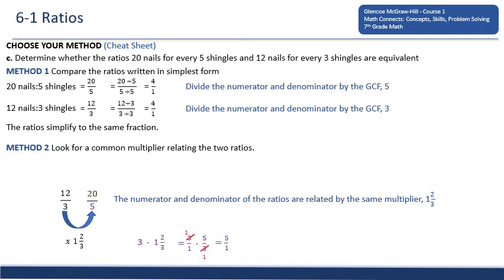Simplify and then multiply, so we get 5/1, which is 5. And then if we do the same with the numerator, 12 times 1 2/3, we have to actually multiply 12 over 1 times 5/3. And if we simplify, we end up with 20 over 1, which equals 20.